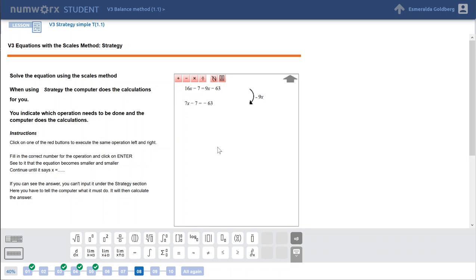If I want to remove the minus 7 on the left-hand side, then I do plus 7. So plus 7 gives 7x equals minus 56. Now, again, the last step, always divide by whatever you see in front of x. So dividing by 7 in this case gives the solution x equals minus 8.